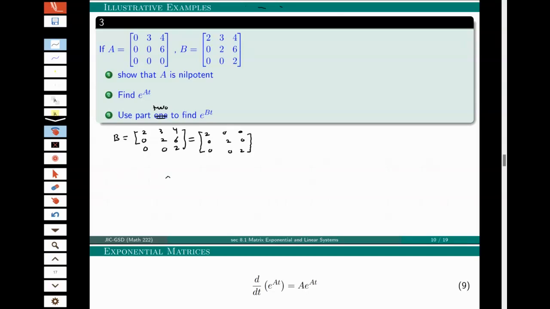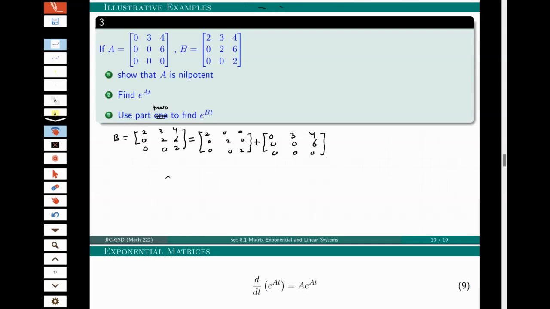That's the diagonal matrix, plus a, which will be 0 3 4 and 0 0 6 0 0 0.